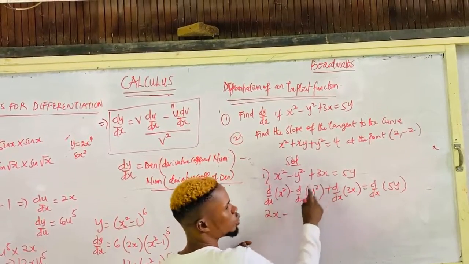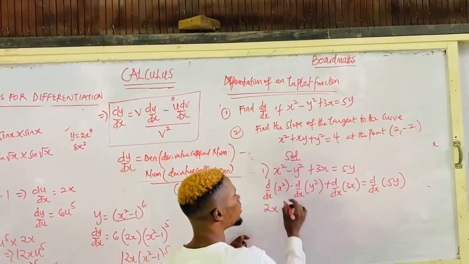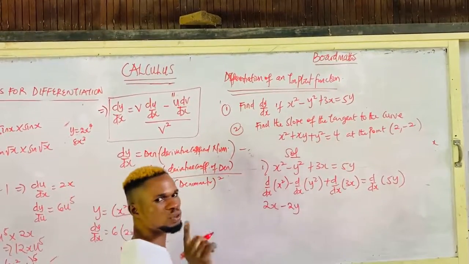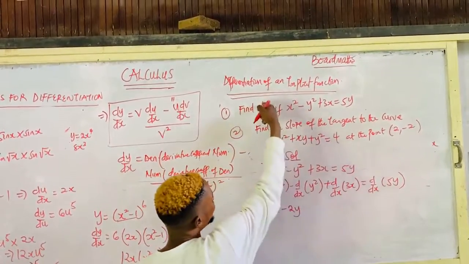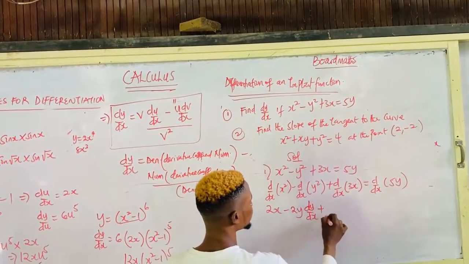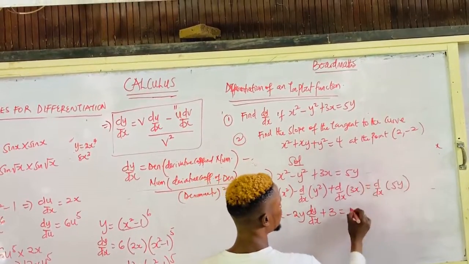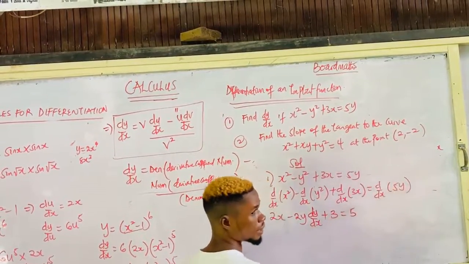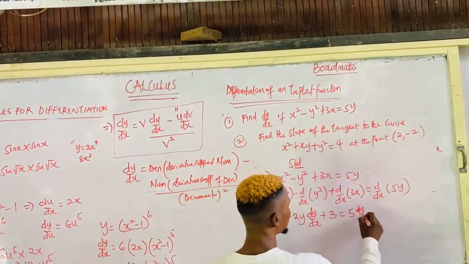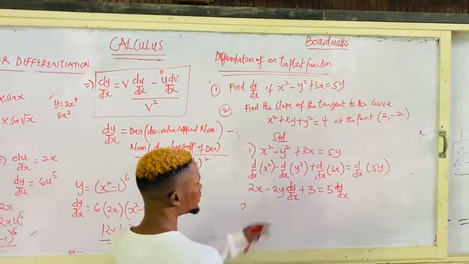Now this is y squared. If you differentiate y squared with respect to y, that gives what? 2y. But you need to put the recognition that you have to differentiate with respect to x. Now the recognition is what? dy/dx. So you put 2y dy/dx, plus 3 is equal to, now this is 5. When you differentiate 5y with respect to y, that's 5. But put the recognition dy/dx.